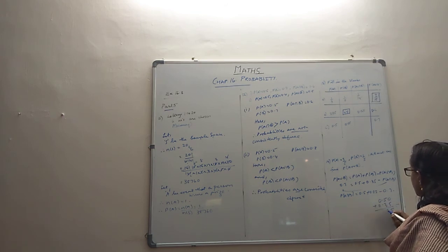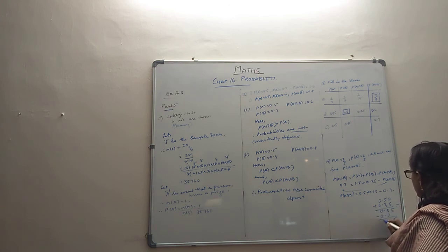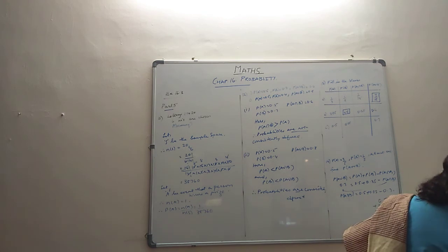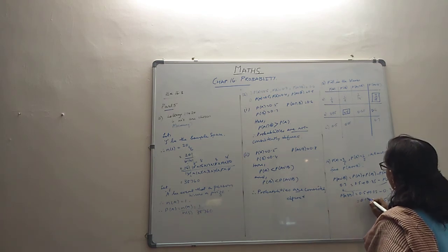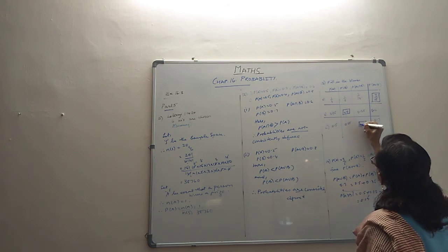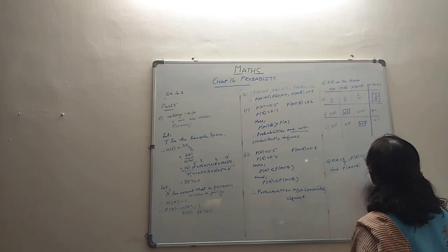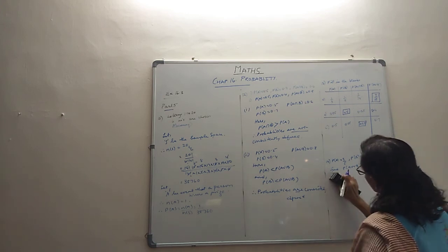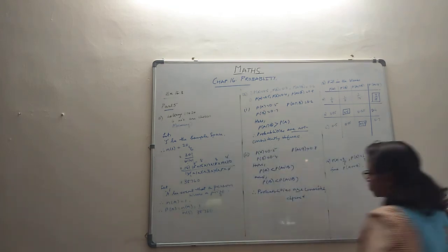So it's 0.85. To that you are subtracting 0.7. So you're getting 0.15, that's right. So that's about how we go across doing that problem.